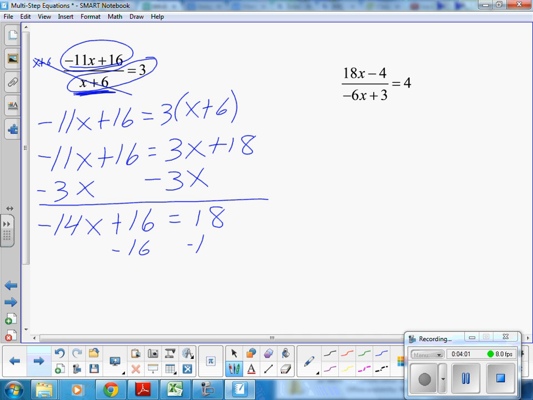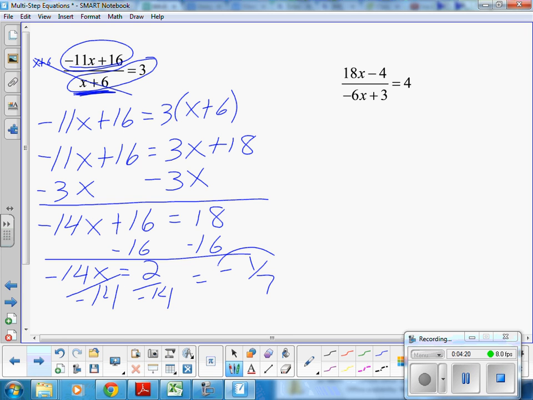Subtract 16 on both sides. Two-step equation now, so I subtract 16 on both sides. Negative 14x is equal to, that would be 2. Divide both sides by negative 14, and my answer will be a negative 1/7, if I did all my math correct. Next problem, same thing.